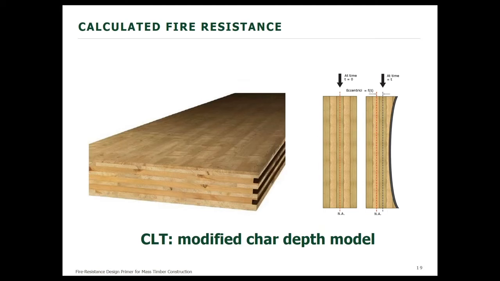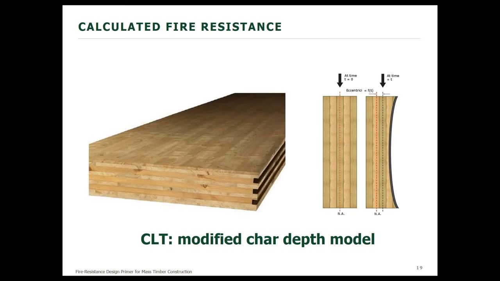Just another example. As mentioned in the CLT Handbook, during the early full-scale fire research on CLT, small pieces of the charred layers were observed to fall off when the temperature at the CLT lamination surface, the interface or glue line, approached 550 degrees Fahrenheit. That indicated an adhesive failure.